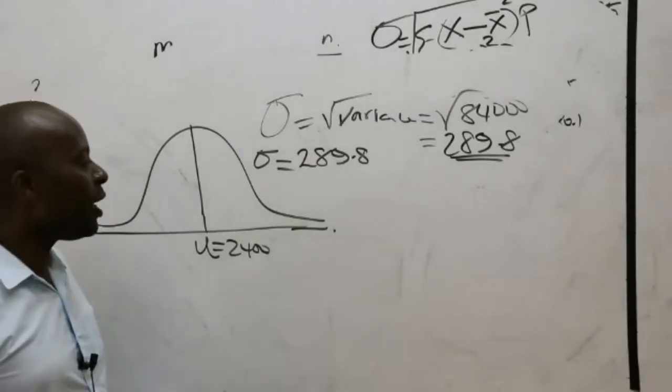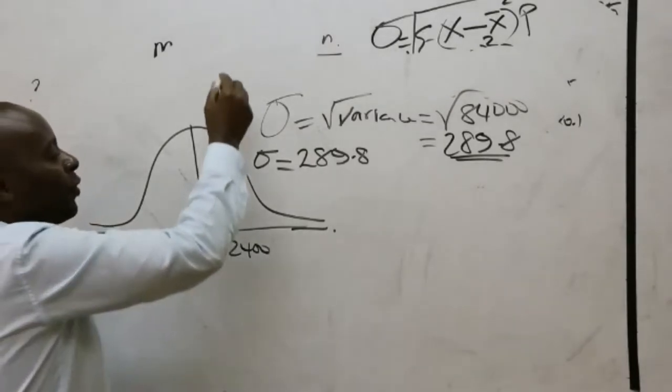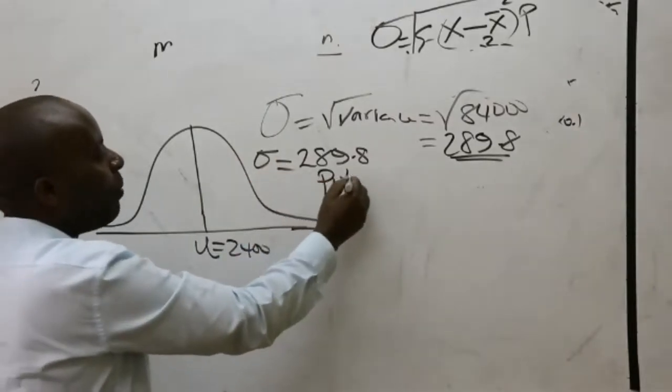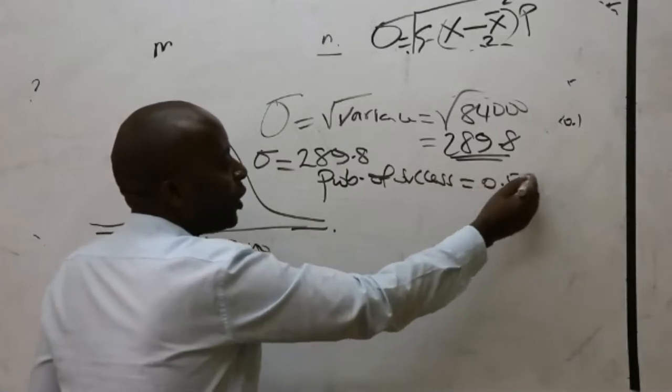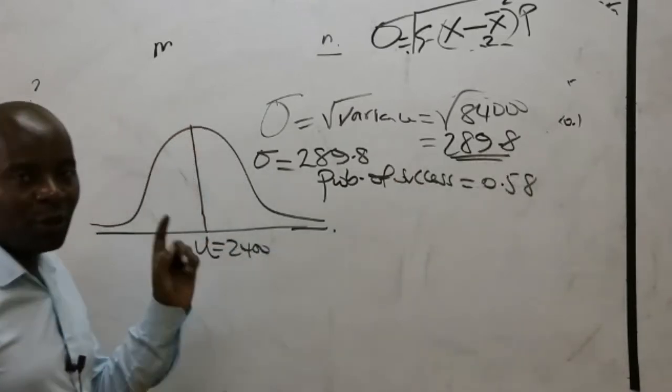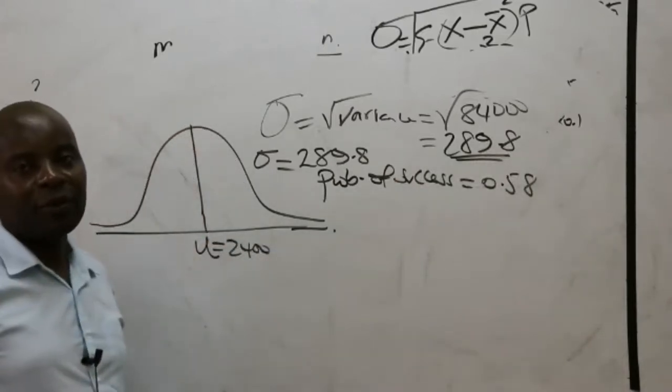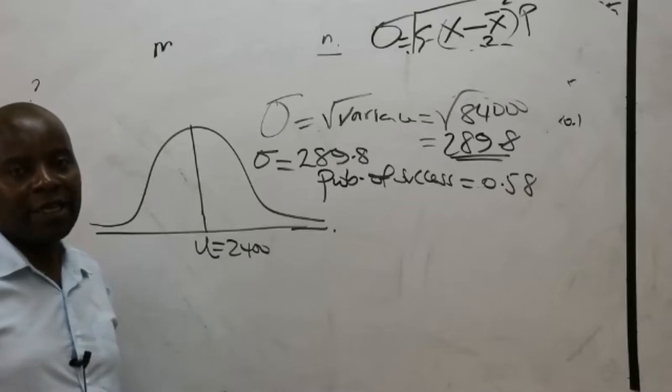So for the optimal level, I need the probability of success. If you can remember, we got it. The probability of success is supposed to be 0.58.